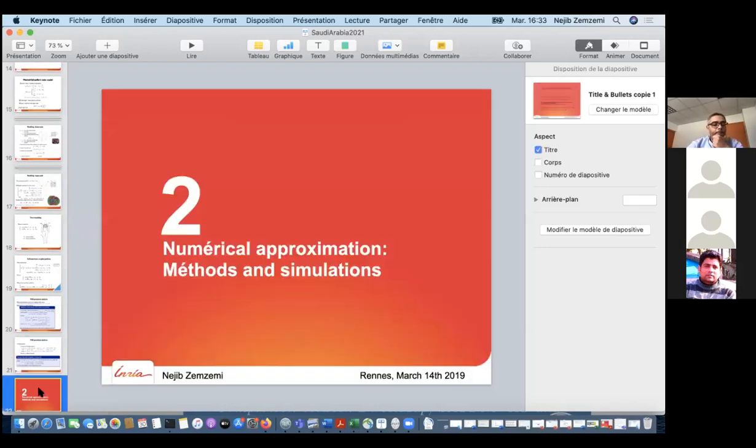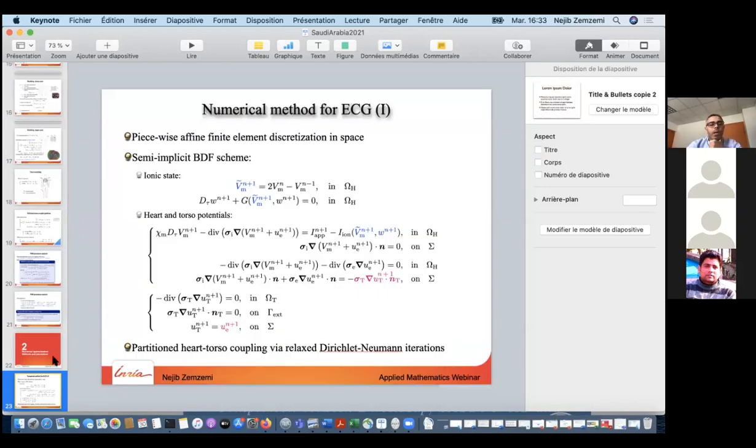So if we go to the numerical approximation, you can solve the problem. This is one method. There are many methods in the literature using either finite difference, finite volume, or finite element.